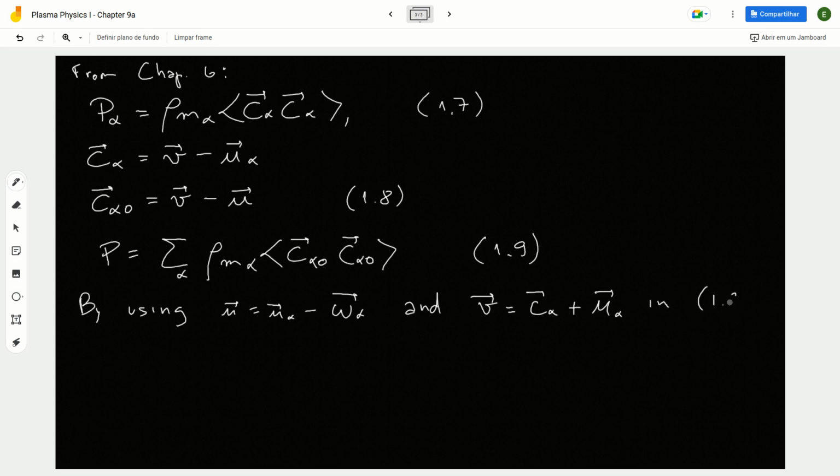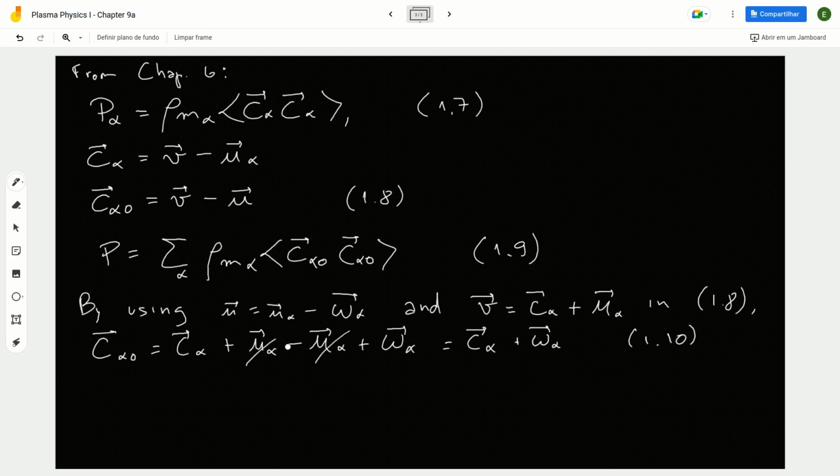In 1.8 we get, well, then C alpha 0 is C alpha plus, and here U alpha minus U alpha plus omega alpha. Okay, so we get another way of writing this equation. This is 1.10.